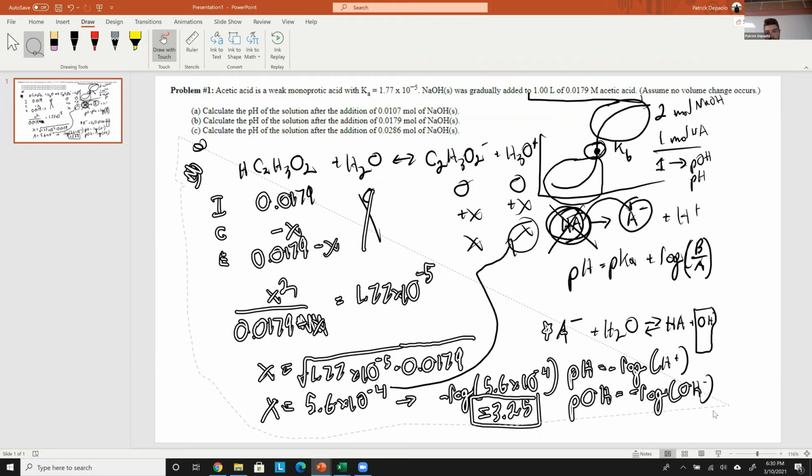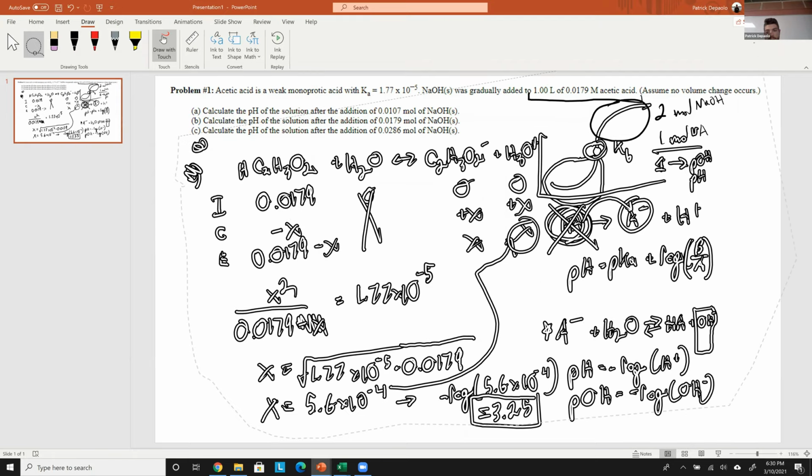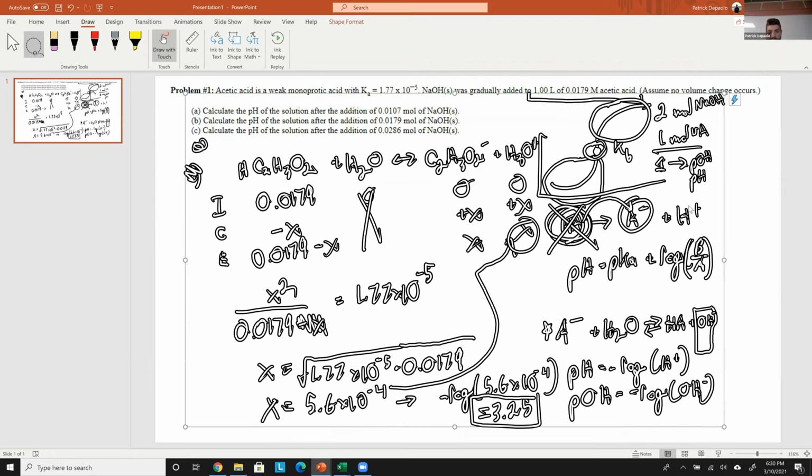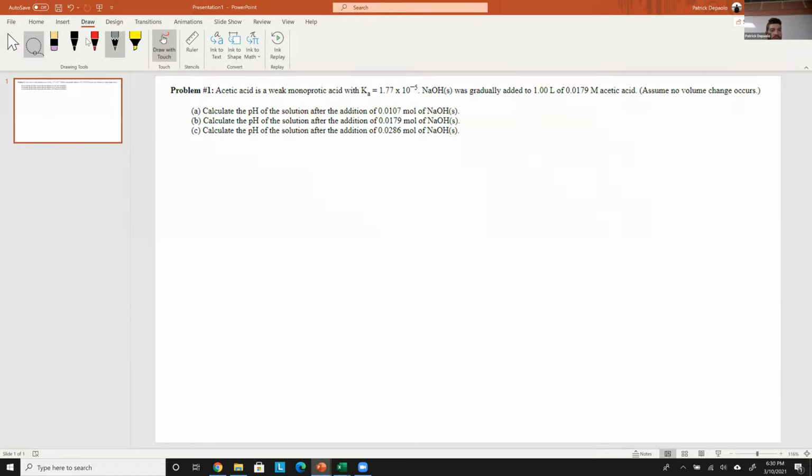All right, so now I'm going to erase. There we go, perfect. All right, now let's go on to part A. Finally, calculate the pH of the solution after the addition of 0.0107 moles of NaOH. So we have this amount of acetic acid.